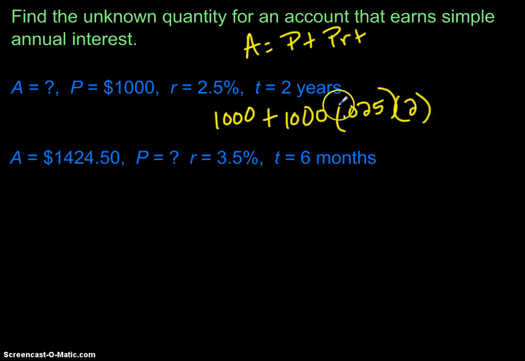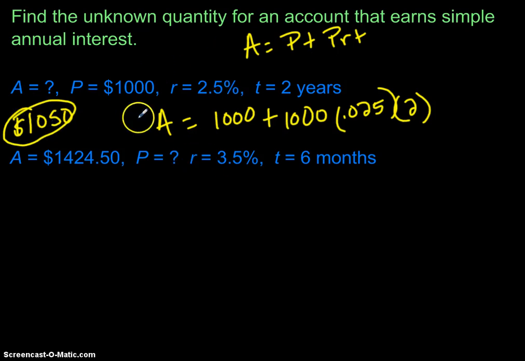So I'm going to multiply this together, add it to that, and that is going to give me A. So 1,000 times 2 times 0.025, and I'm going to add that to 1,000, and that's going to give me $1,050. So my account balance after 2 years in this account, earning 2.5% interest, is $1,050.